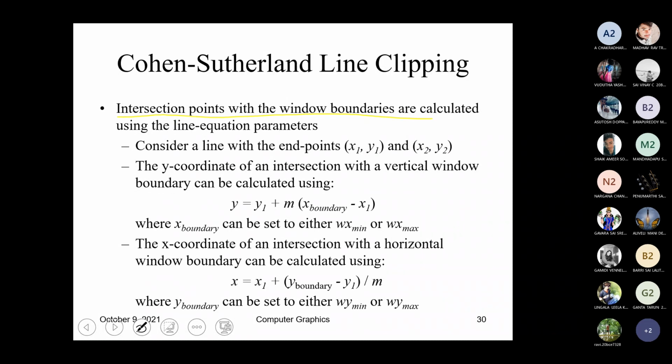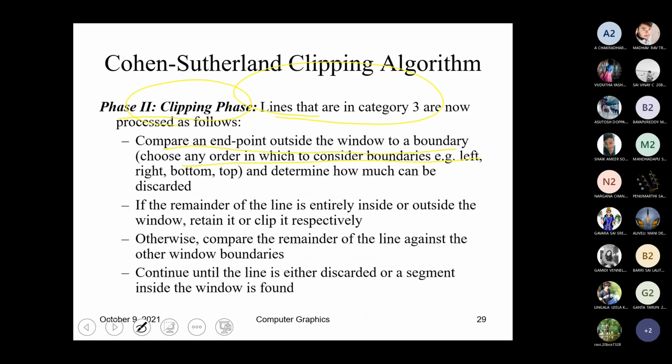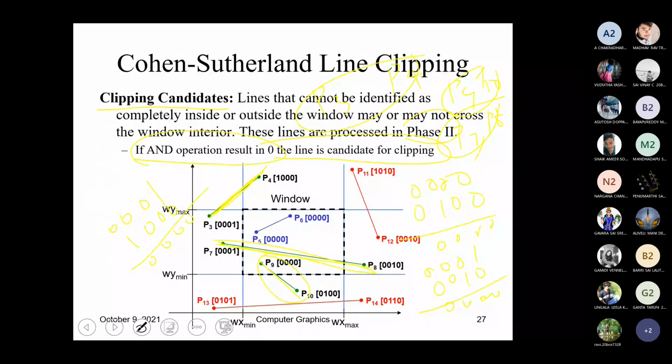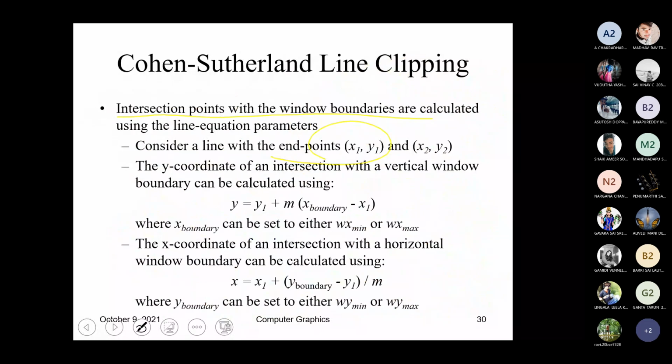First we are going to consider the line endpoints x1, y1, x2, y2. You have three lines, any one of the three you can take. So the first step is to consider the line x1, y1, x2, y2. The y coordinate of intersection with the vertical window boundary can be calculated.